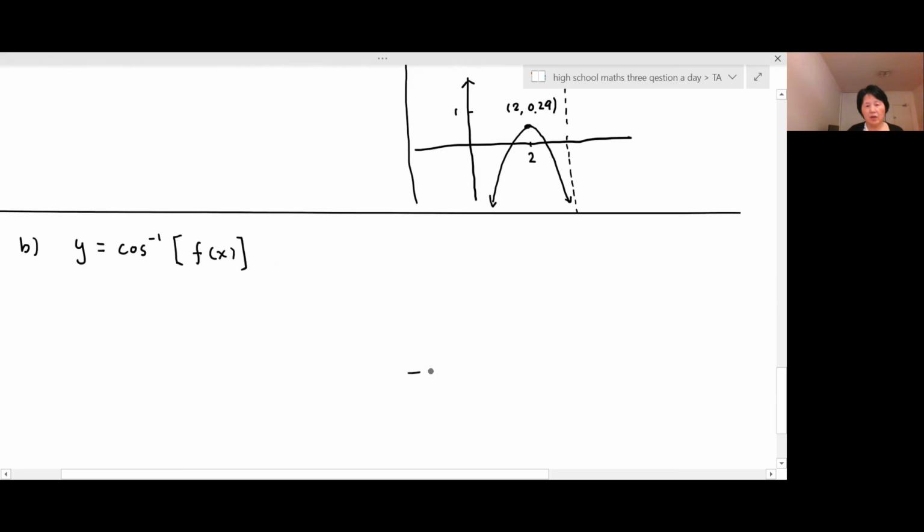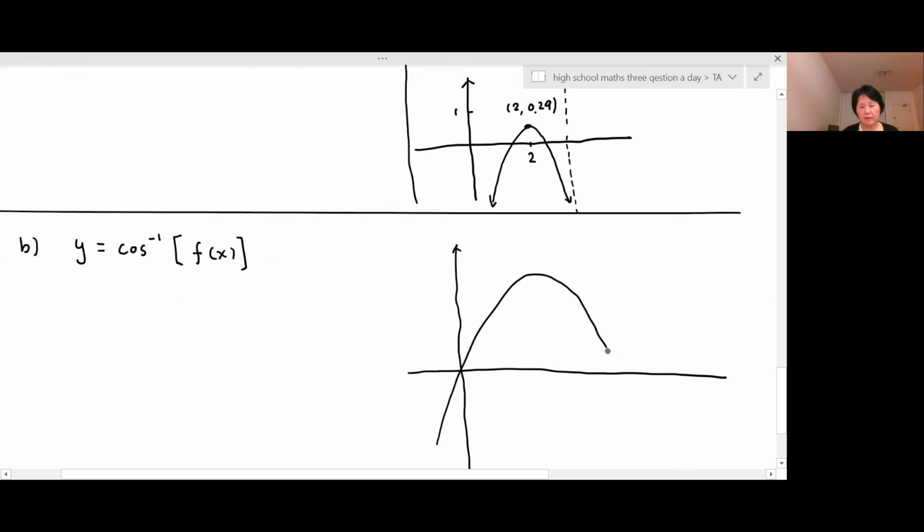The original curve goes here. We know that if f(x) is minus 1, see the x value, the x value is minus 0.65.